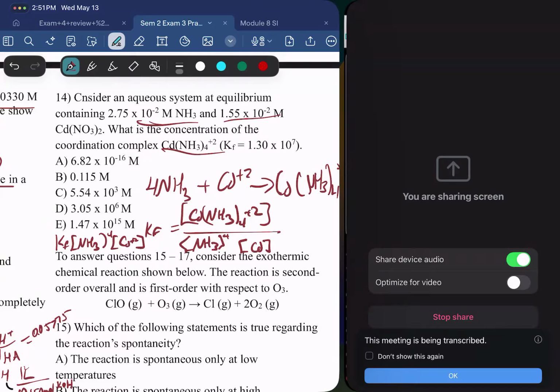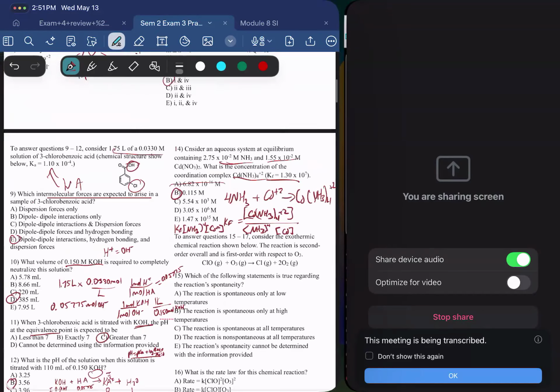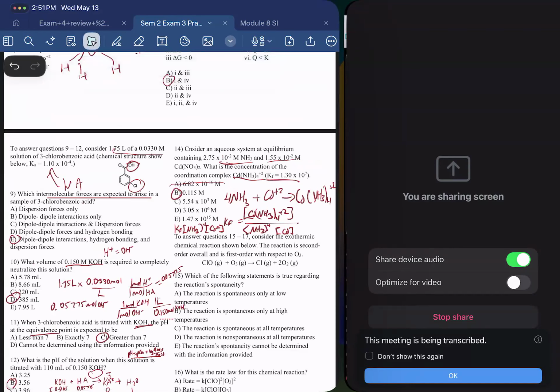And I got a value of choice B. And does that make sense? Yes, it does make a lot of sense because Kf is a really big number. So yeah, all these numbers are pretty big except A, but B makes the most sense, I guess. But yeah. Any questions about that?